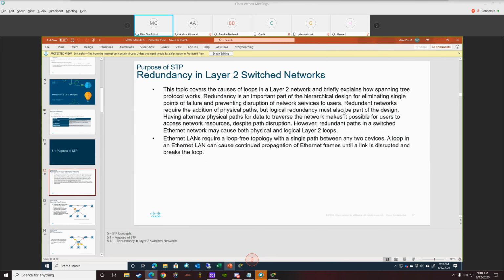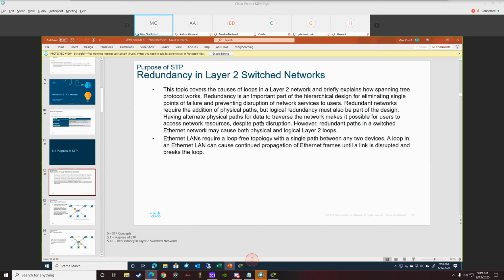This is basically what we mentioned earlier: redundant paths in a switched Ethernet network may cause both physical and logical layer 2 loops. So you need to understand this concept, why we need STP. Later in the slides, like everything else, no standard is static.